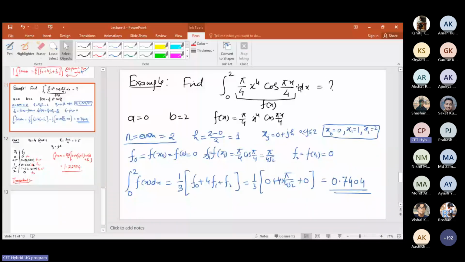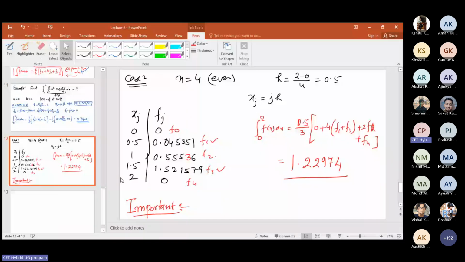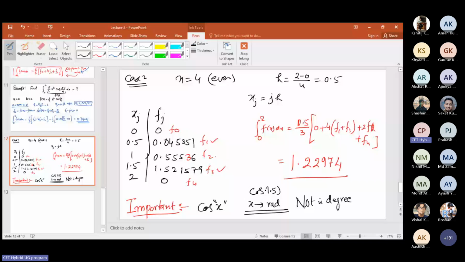Whenever you are evaluating cos x, or sin x, please do remember this: x is always in radian and not in degree. So in the calculator, you have to set x as radian and only then can you calculate the value. For example, if you are evaluating cos 1.5, then the value 1.5 should be input as radian.